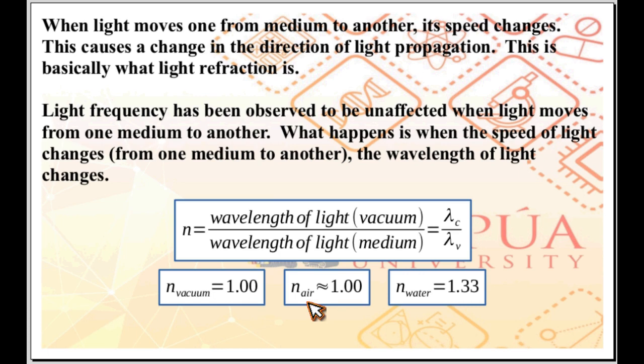You have index of refraction of air, which is 1 or almost equal to 1, such that we consider the index of refraction of air to be equal to 1, which means the speed of light in vacuum and the speed of light in air are almost the same, such that when in air, we consider the speed of light in air just equal to the speed of light in vacuum, c is equal to 3 times 10 to the 8th power meters per second. And then we have the index of refraction of water, 1.33.